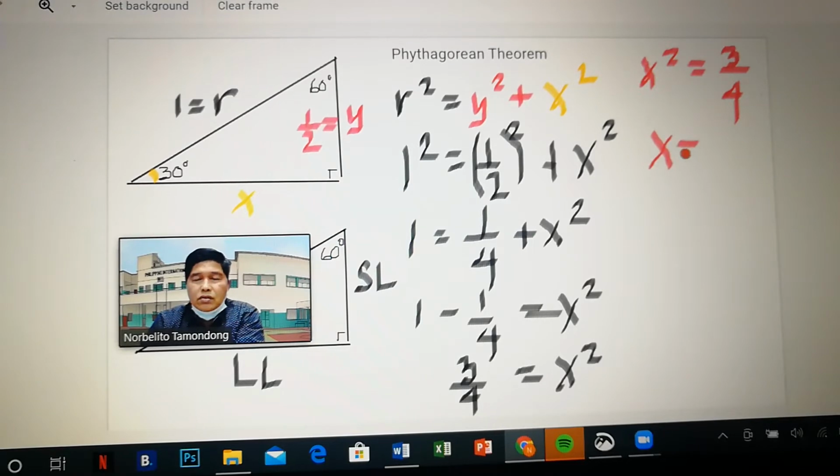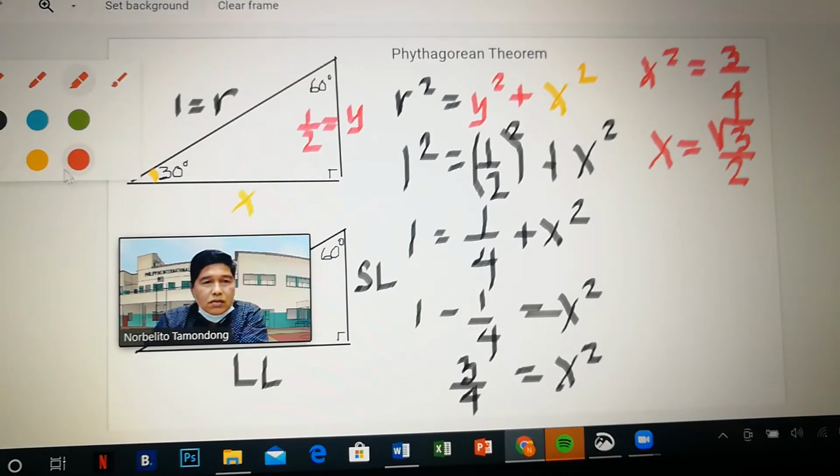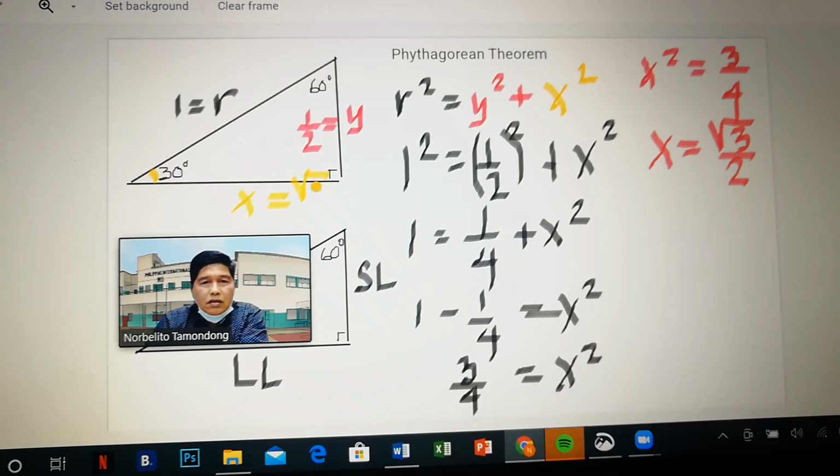And the square root of 3/4 is equal to square root of 3 all over 2. So therefore here your x is equal to square root of 3 over 2.